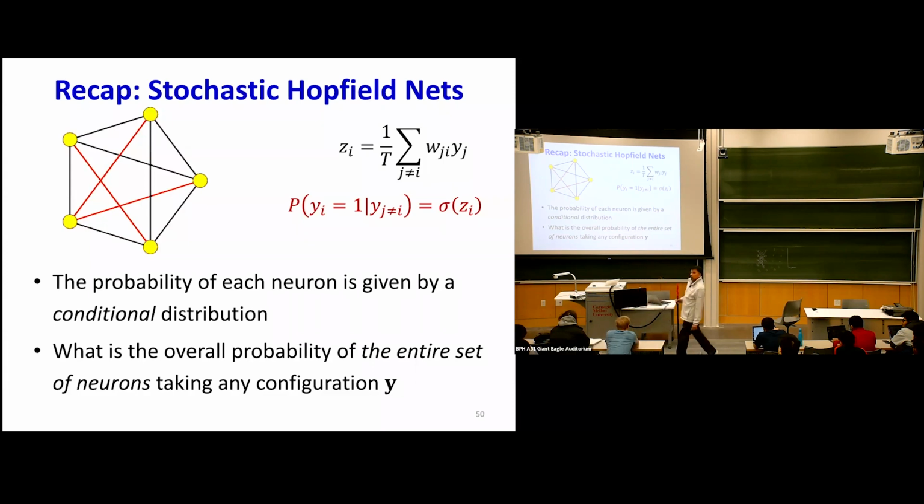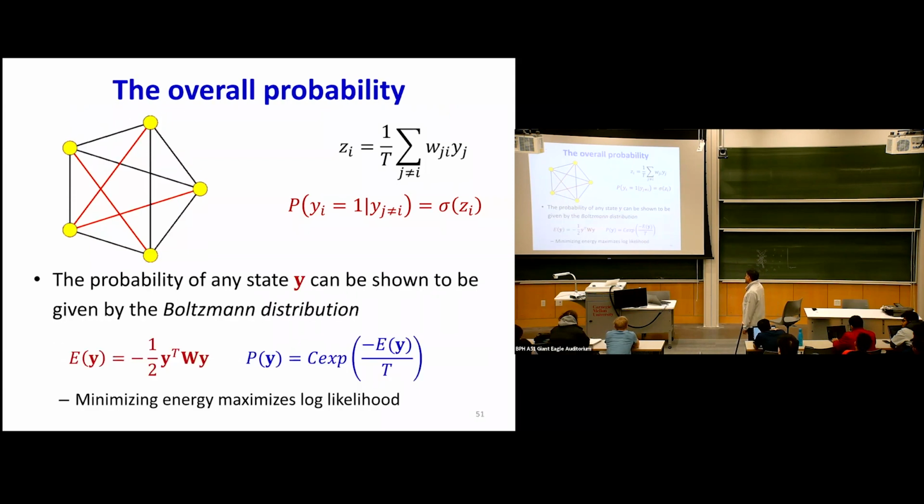What is the overall probability of the entire set of neurons taking any particular configuration? That is simply going to be this term over here. For any particular configuration, the probability of that configuration is given by this. And so we would let the network evolve until this probability converges.